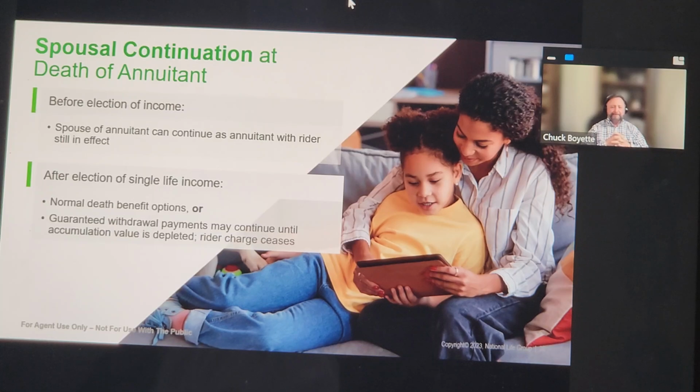If the death happens after single life income is taken, normal death benefit options apply. They can take the accumulation value, or they can take guaranteed withdrawal payments. They may do that until the accumulation value is depleted.